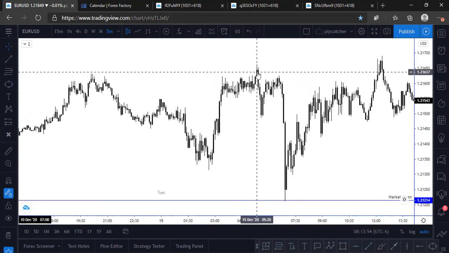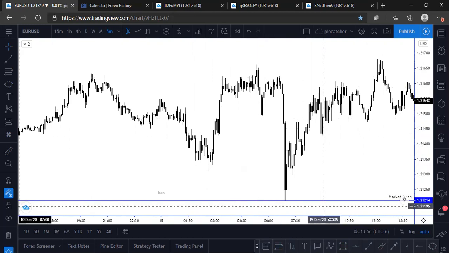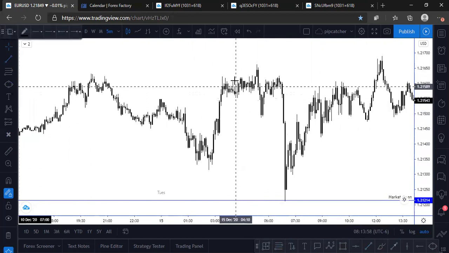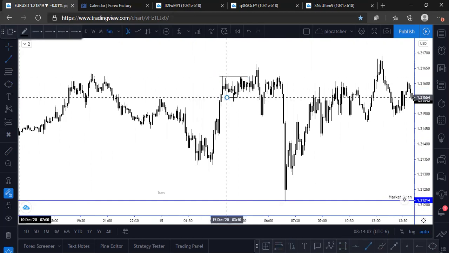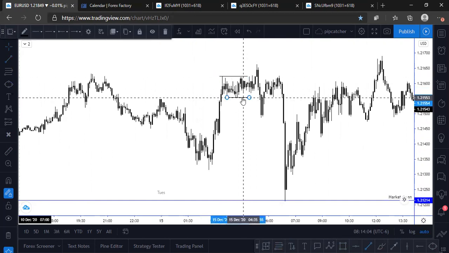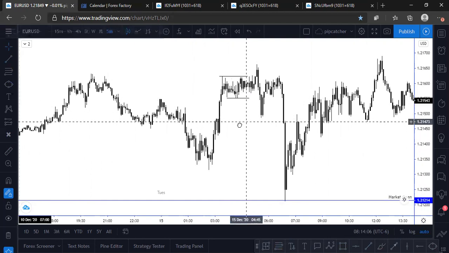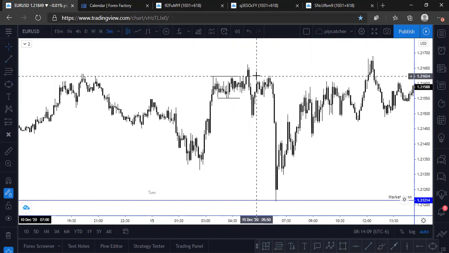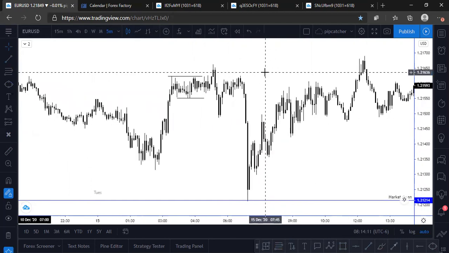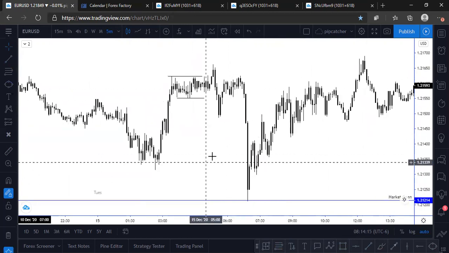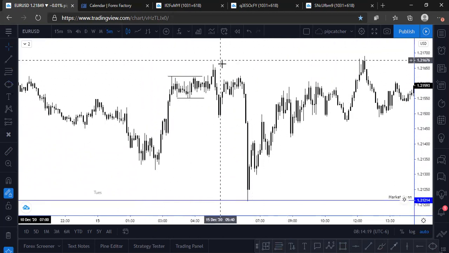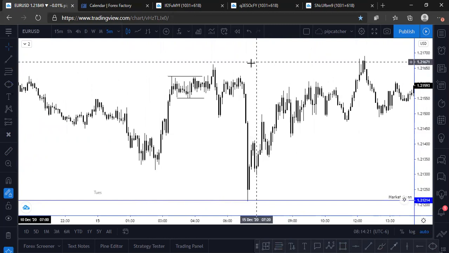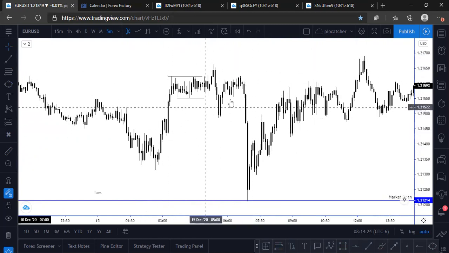So we trade up and then we trade down immediately, right? So we capture this liquidity and then we break this structure, okay? So look at what happens in this area.